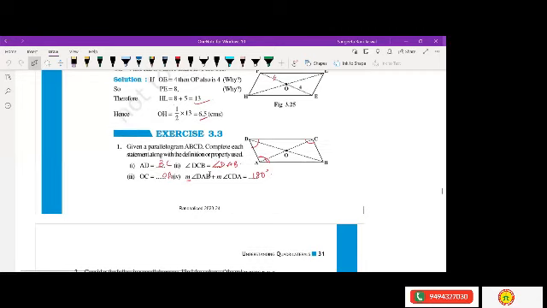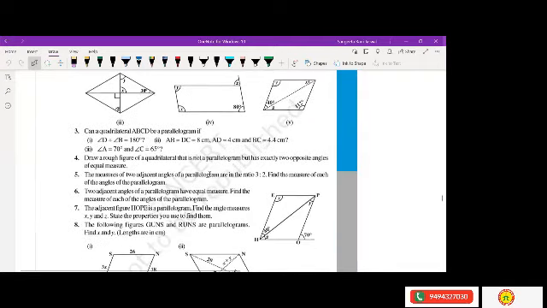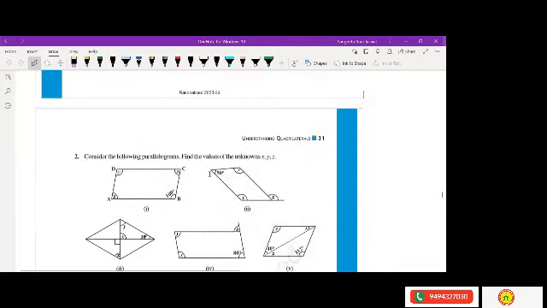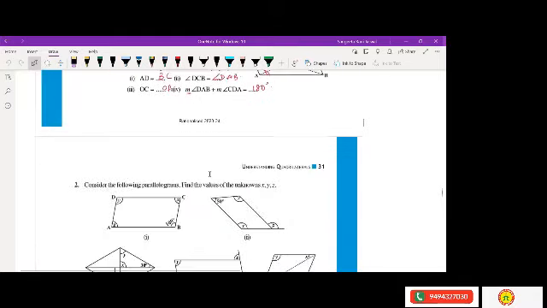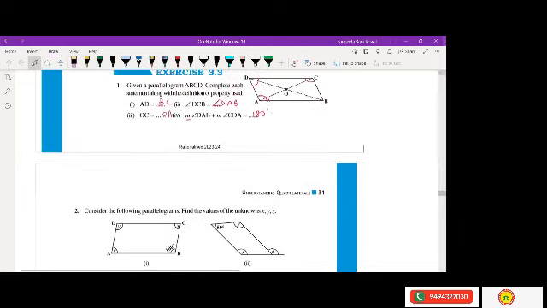Exercise 3.3. Ma'am, can you send a picture of it because my textbook is not NCERT? Can you take a screenshot? I've opened the exercise here. Please take it. Okay, ma'am. Just take 2-3 screenshots. Everyone can take them, those who don't have the book. This is the first screenshot you have taken. Done?